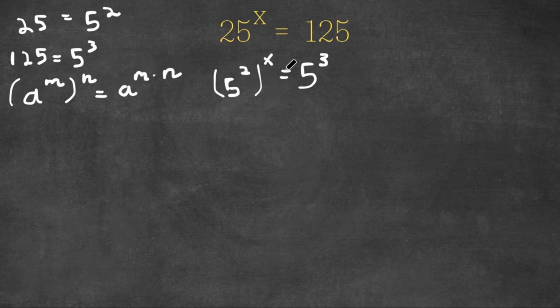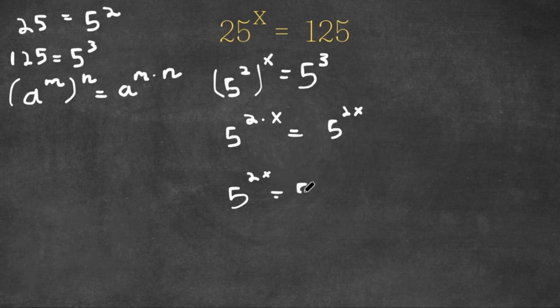So 5 to the power of 2 to the power of x is going to equal 5 to the power of 2 times x, which is simply equal to 5 to the power of 2x. So now we have 5 to the power of 2x is equal to 5 to the power of 3.